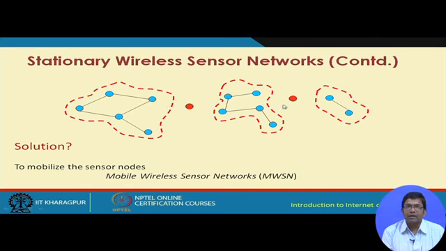Likewise, maybe this node can come over here, and likewise these two partitions can be joined. So these three partitions can be joined if one of these nodes is mobile.